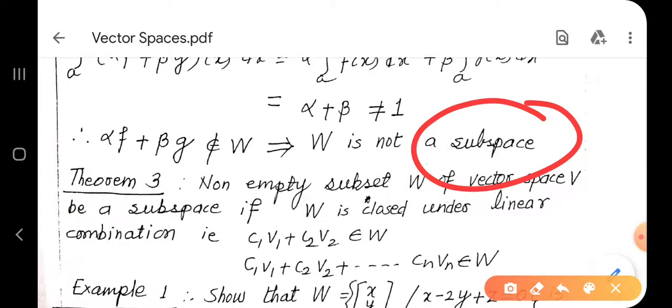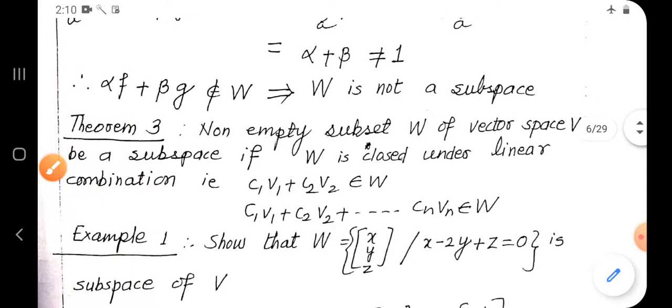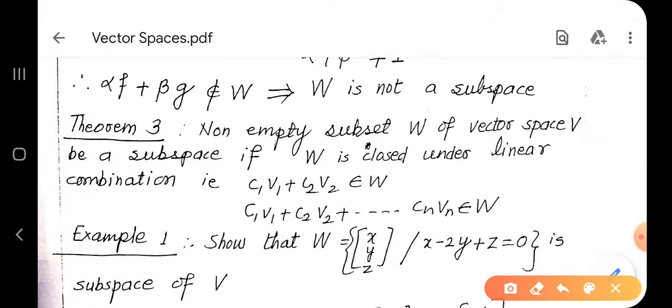Okay. Take one theorem. If you want to use it, you can use it, or you can solve by our usual method αu + βv. In both ways I will explain it to you. So here is one theorem: a non-empty subset W of a vector space V is a subspace if W is closed under linear combination.